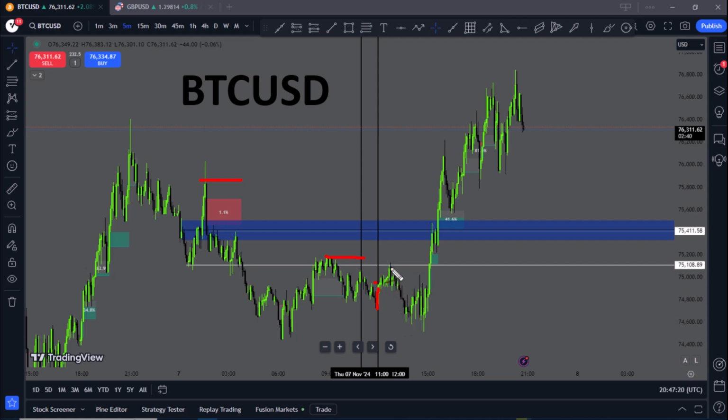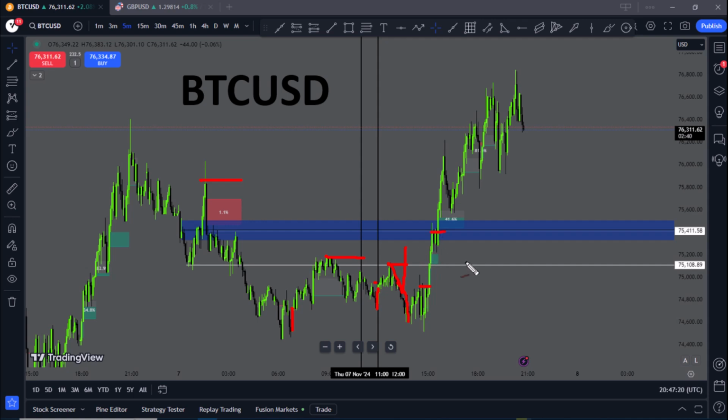If this had come all the way down, then pushed all the way up, breaking here, you could have gotten into a trade around this level and shot up, right? But unfortunately, it actually came all the way down to this level, to this nice liquidity right here. That was a lot of buys at that level. So you could have gotten into a trade at this level, right? Simple as that.